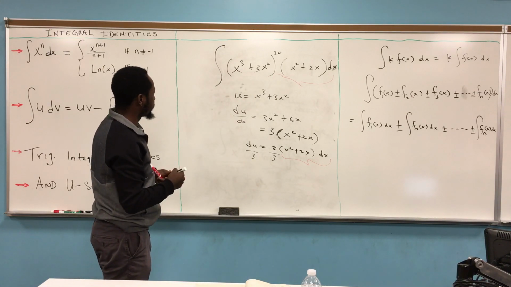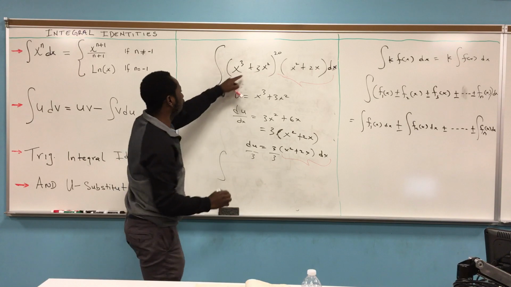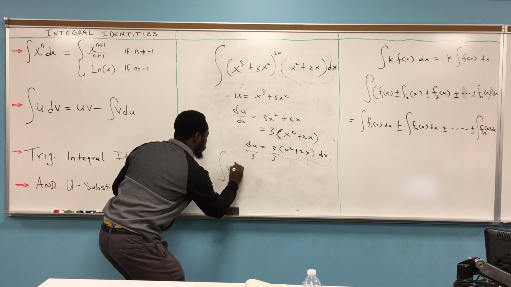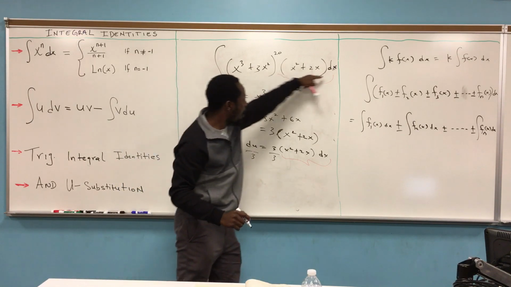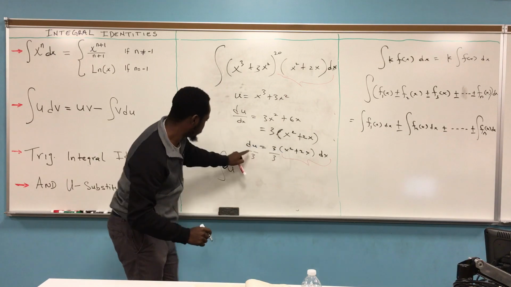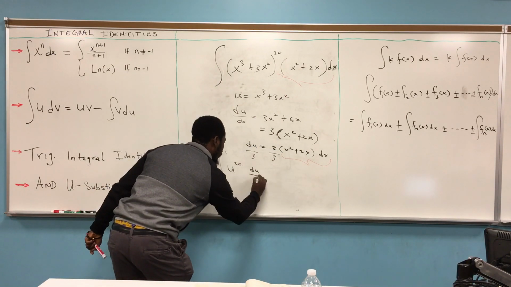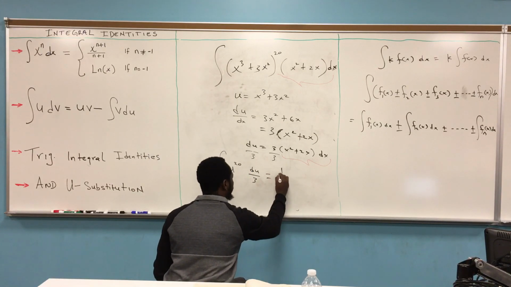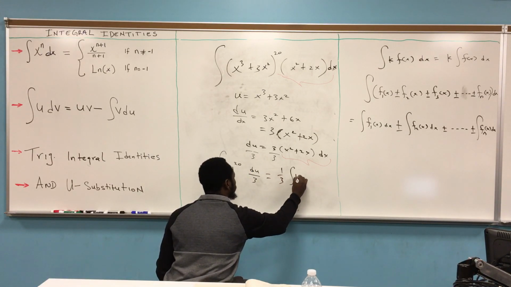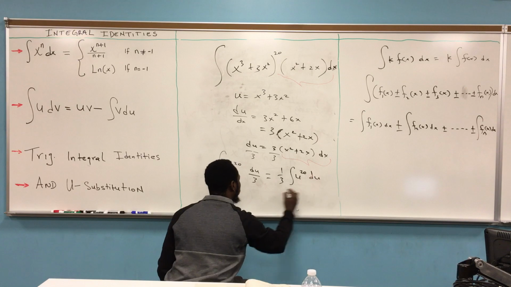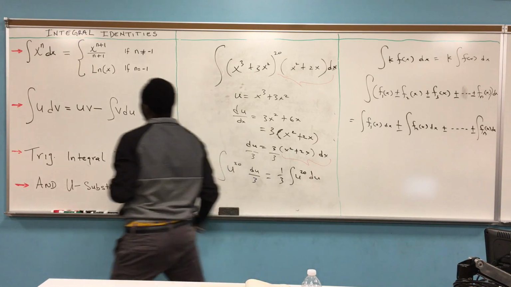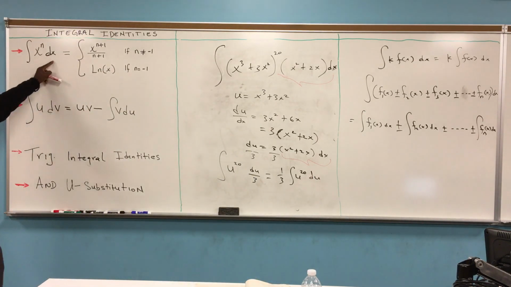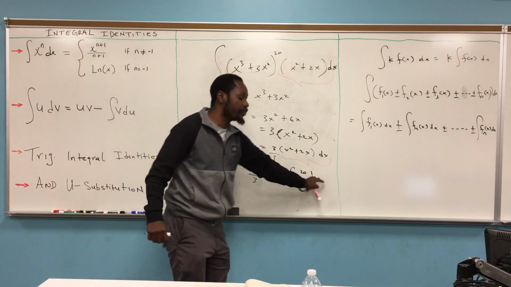What that means is that I will have integral u to the 20. All this is the same thing as what? du over 3. So I can rewrite this as 1 over 3 integral u to the 20 du.